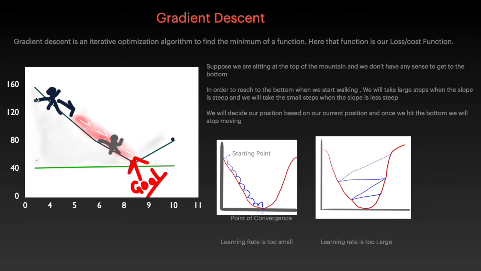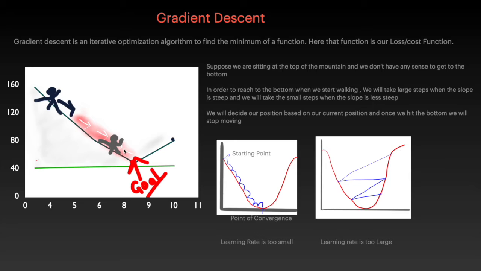When you are at the top, you will start walking fast, which means you will take long steps. But when you are near this global minimum point, or the point of convergence, you will start taking smaller steps. Exactly the same is what gradient descent is doing.